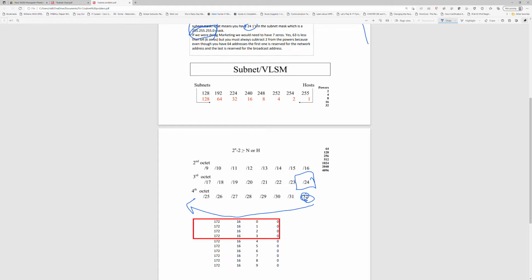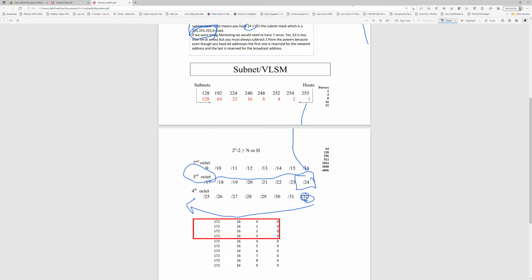So in that particular case, when you use this chart, the fact that I have a /24 tells me two things. It tells me that my networks are going to go up by 1, and it tells me that I'm going to be doing this in the 3rd octet.